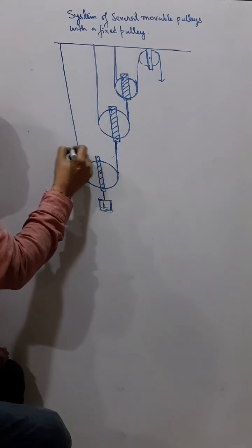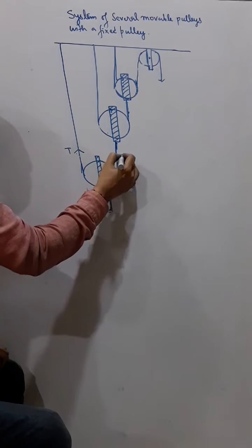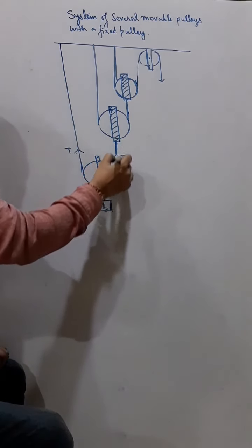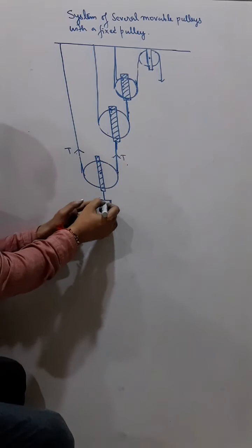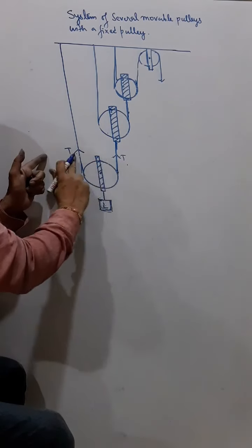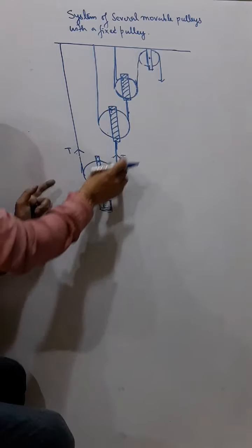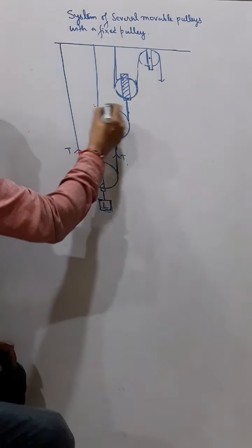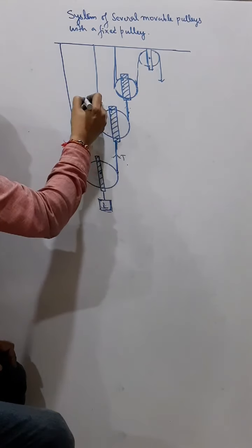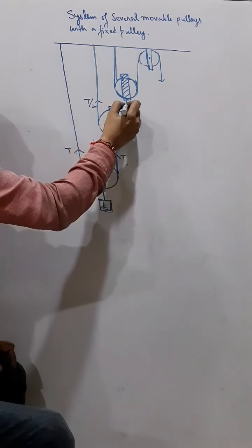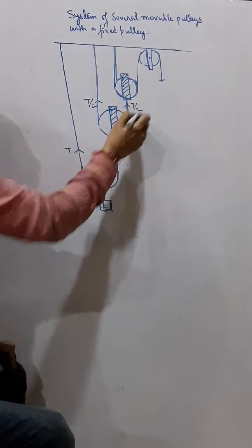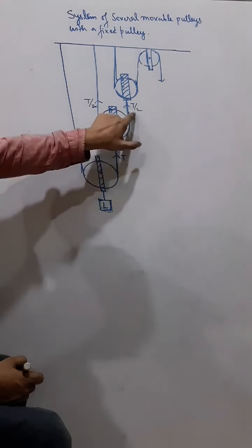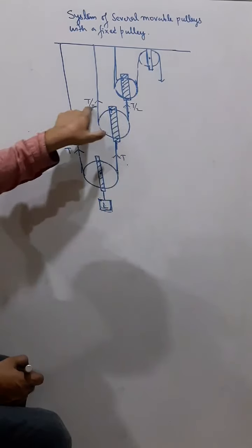So let us take this as T and this as T. Now this tension is divided into half, so here will be T by 2 and here will be T by 2, because this tension is further divided in these 2 ropes.